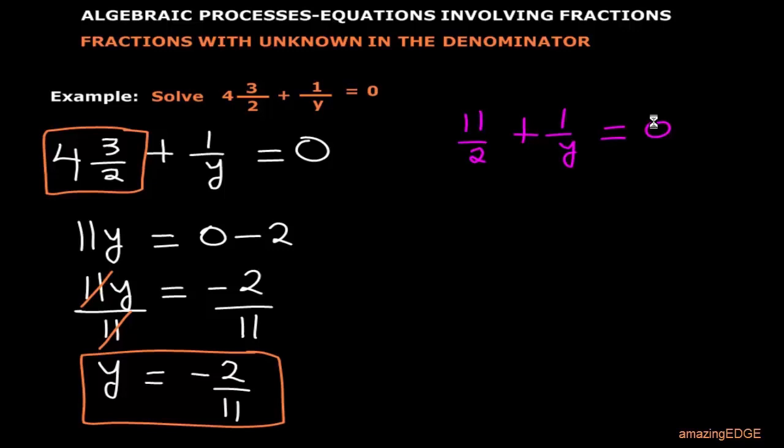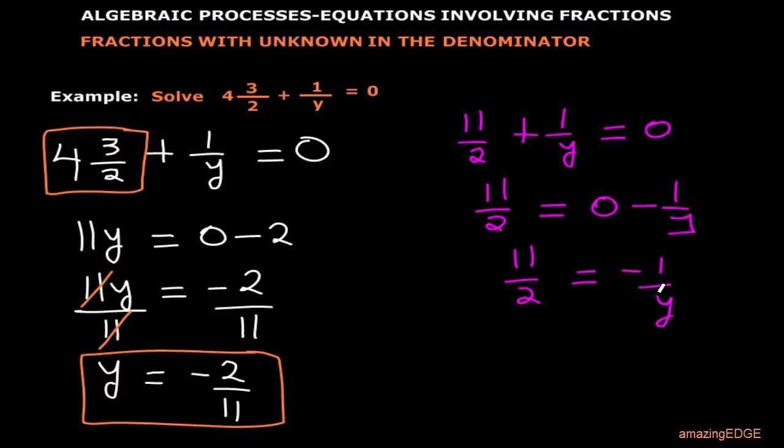So you have to change a few things. If you take this one to the other side of the equation, the plus 1 over y coming over becomes 0 minus 1 over y. So I have 11 over 2 equals minus 1 over y.